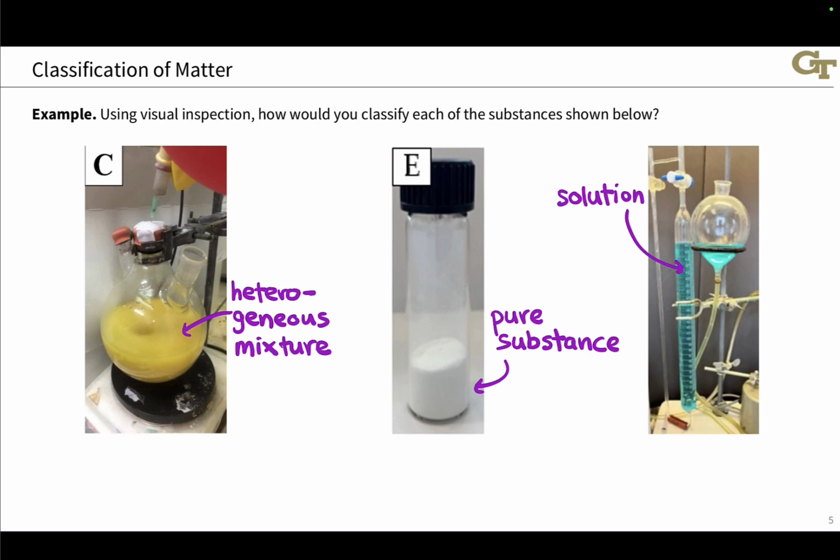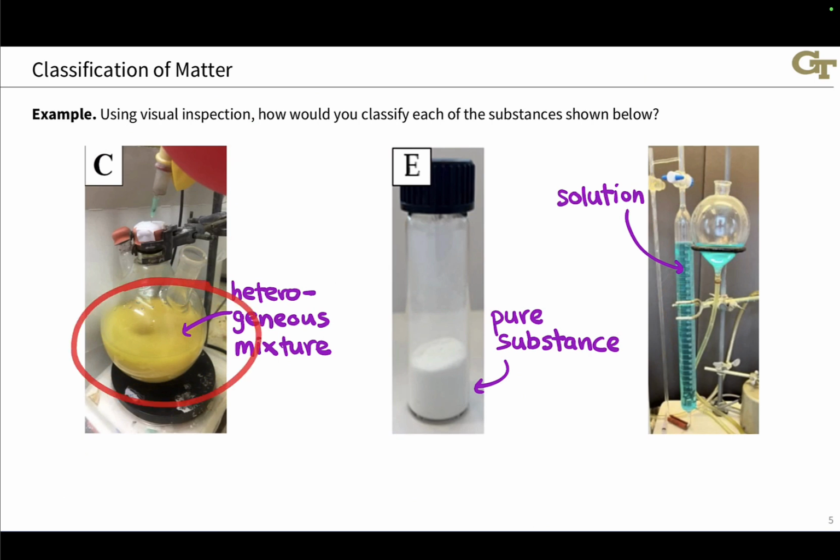This turns out to be a solution of a copper-2 salt and water, I believe. It is a mixture of the copper-2 salt and water, but the copper-2 salt dissolves in the water and distributes uniformly throughout the solution. So this is a homogeneous mixture where the composition appears the same everywhere.